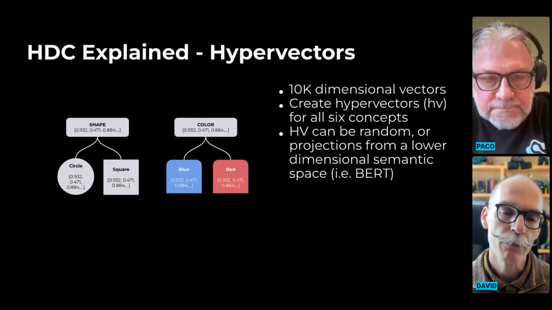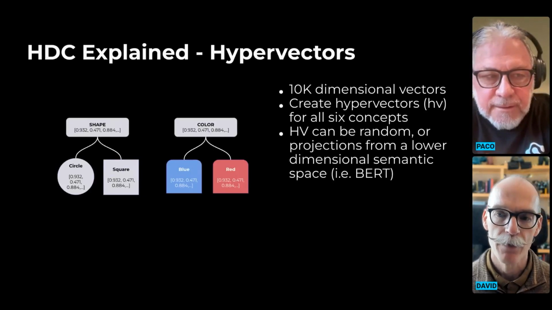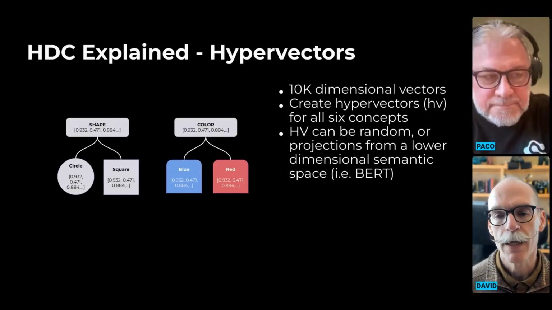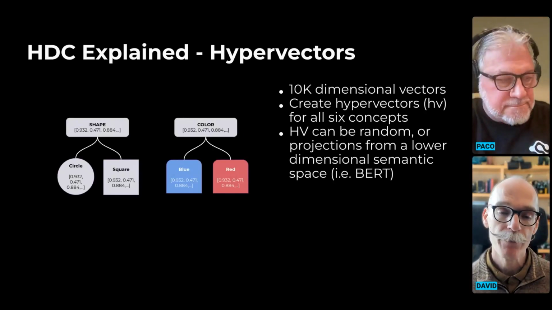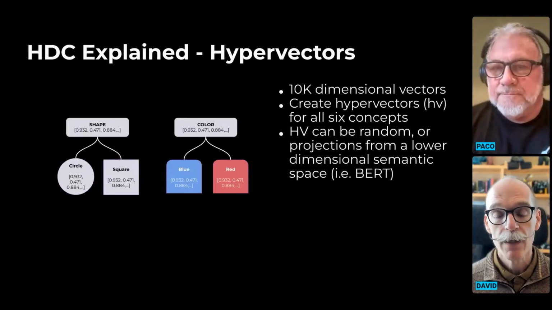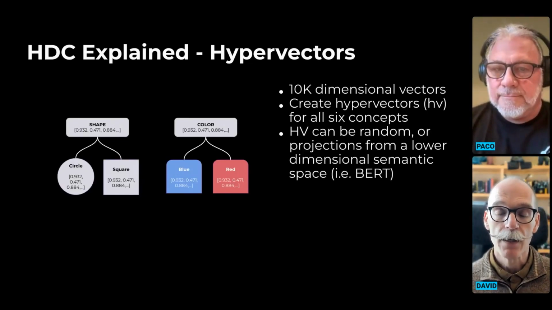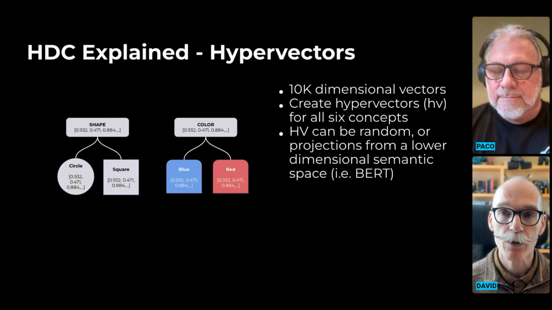Let's say we wanted to represent different kinds of shapes and colors. And the first thing we would do is create a hypervector, 10,000 dimensions, for the concept of shape, and one for color. And truly, I just mean taking the word color, randomly creating a hypervector and assigning or mapping it to the word color.